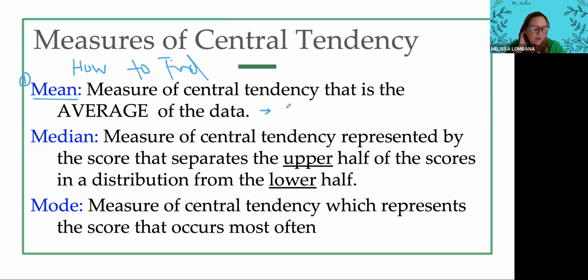Let's say I want to find the average of your test scores and quiz scores. I collect all of the quiz scores and add them up. If I have 30 students, I divide it by 30, and then it gives me a number. Let's say it says 85.